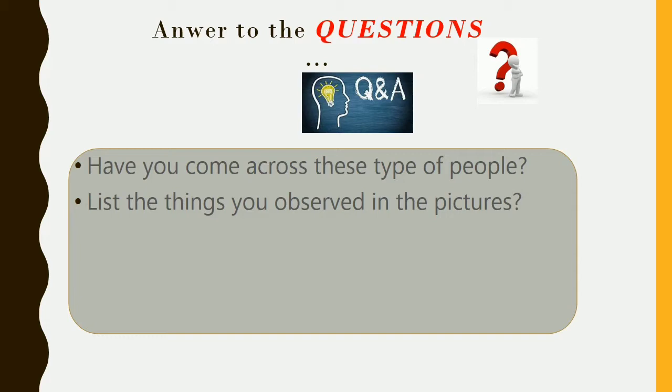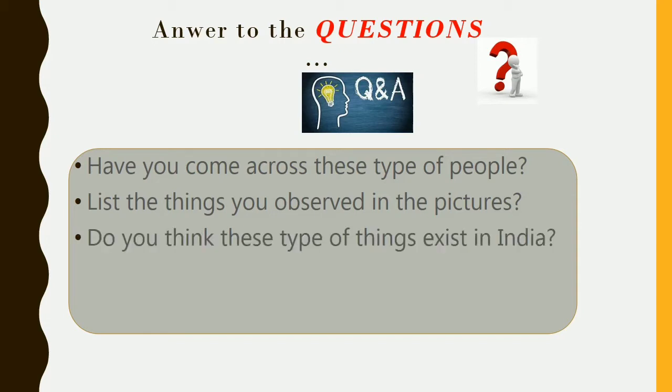In the second picture we observed that even they did not have proper food to eat. In the third picture we saw that there were few women who were washing their clothes on the banks of the river. Also, we observed that there was one small girl who was selling something.